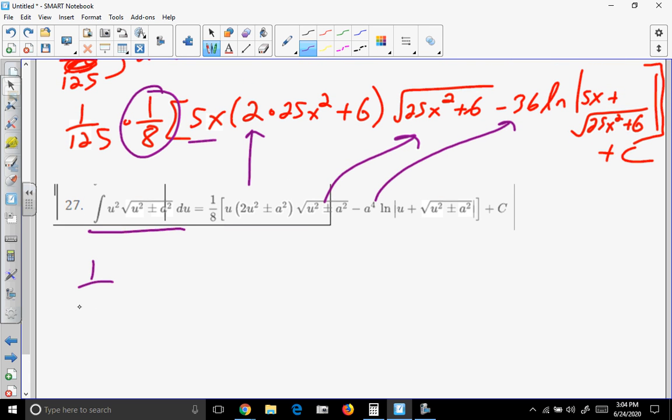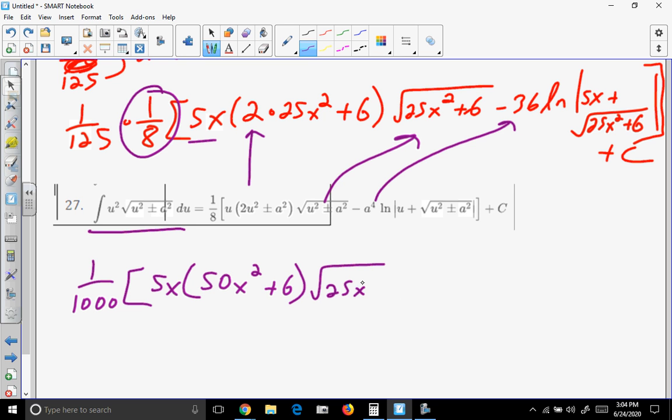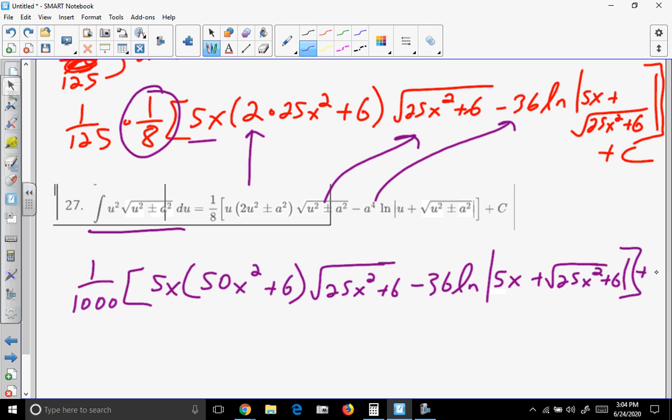That's going to be 1 over 1,000. We're going to have a 5x. In that parenthesis, we're going to have 50 x squared plus 6 square root of 25 x squared plus 6 minus 36 natural log absolute value of 5x plus square root of 25 x squared plus 6 plus c.